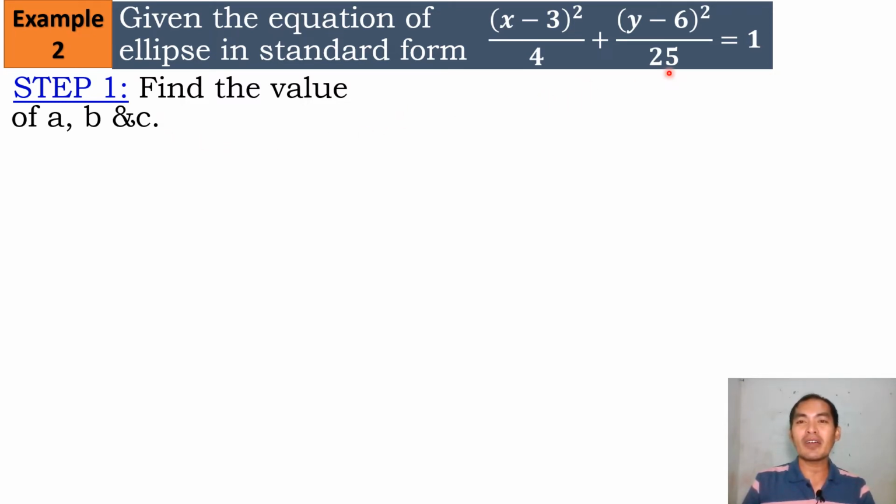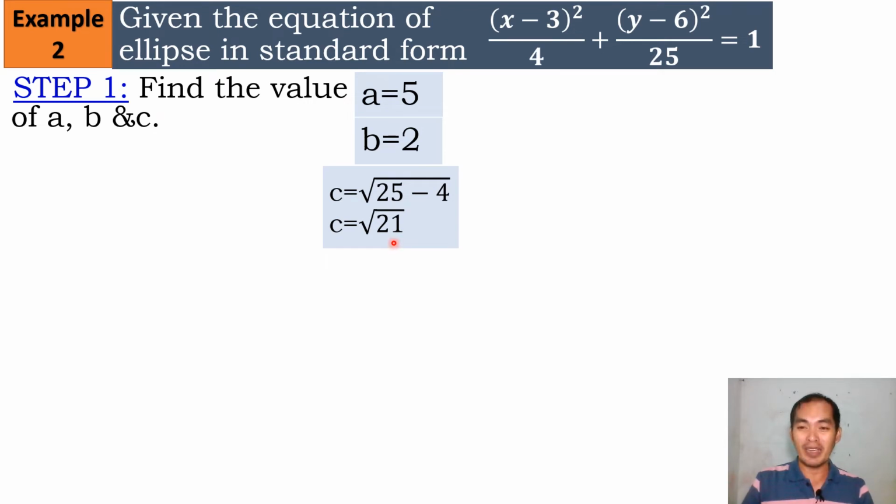A is the square root of the bigger number, which is 25. Square root of 25 is 5. For b, the smaller denominator, square root of 4 is 2. That's the value of b. And for c, we have the square root of 25 minus 4, which is square root of 21. That is our c.